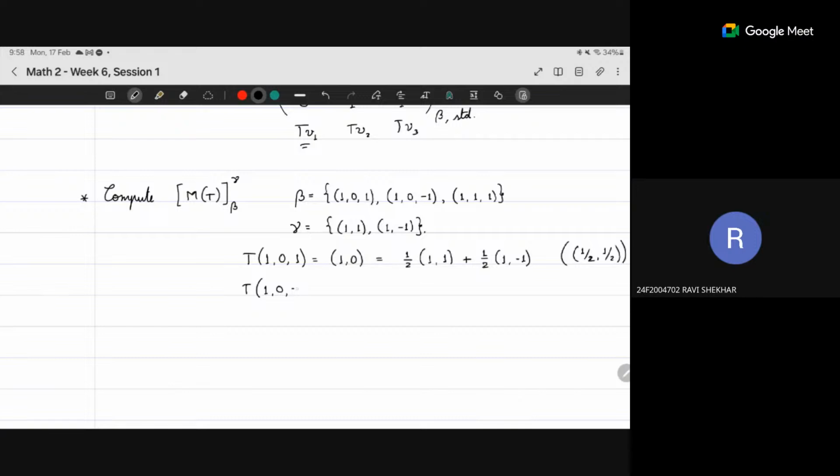T of (1, 0, minus 1), on the other hand, is (0, 1). What are the coordinates of that? Yes, the coordinates are actually (half, minus half).